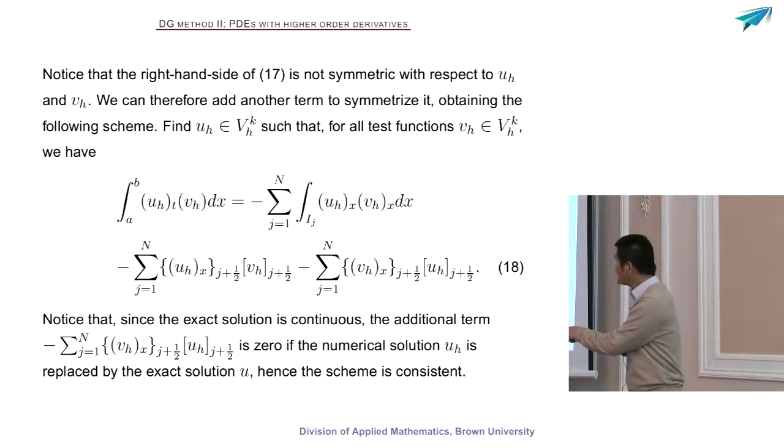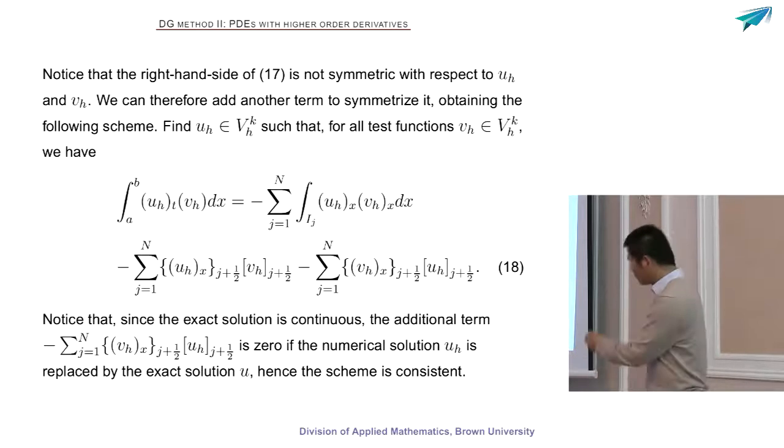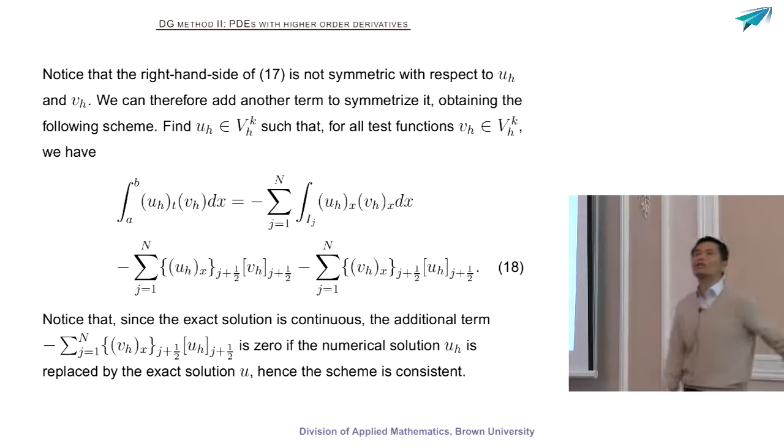So what you have added here, if you replace uh by u, it is 0. In other words, you have added something which is purely numerical. If you replace your numerical solution by the exact solution, then this additional term drops. So you are not adding an inconsistent term, you're adding some term which is allowed. Okay, so you can put this in, then this whole business becomes symmetric.